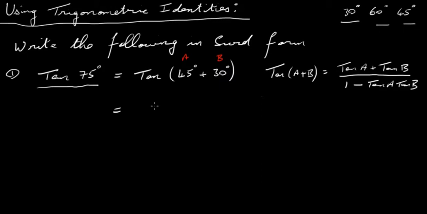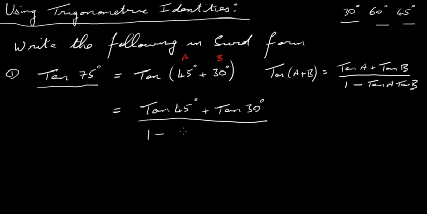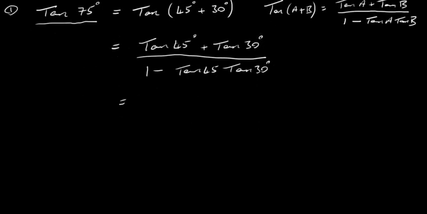So let's just do that here. Well, this would be tan A, which is tan 45 degrees, plus tan B, which is tan 30, all over 1 minus tan A, which is tan 45, multiplied by tan 30. So this we can do easily enough.